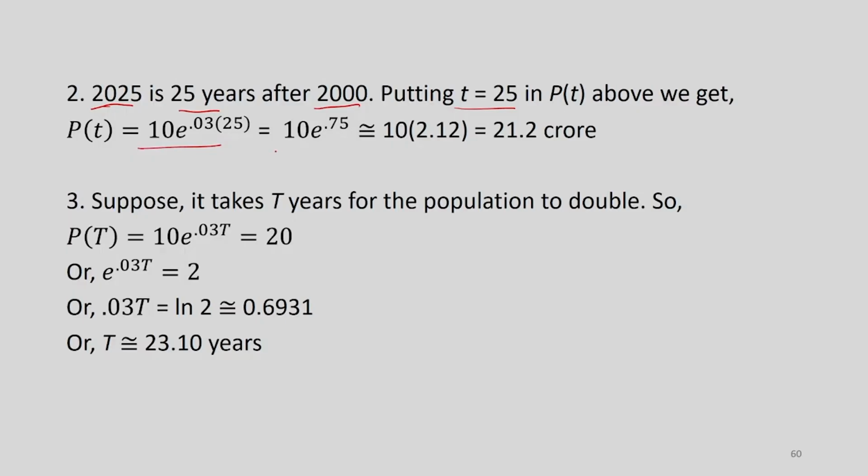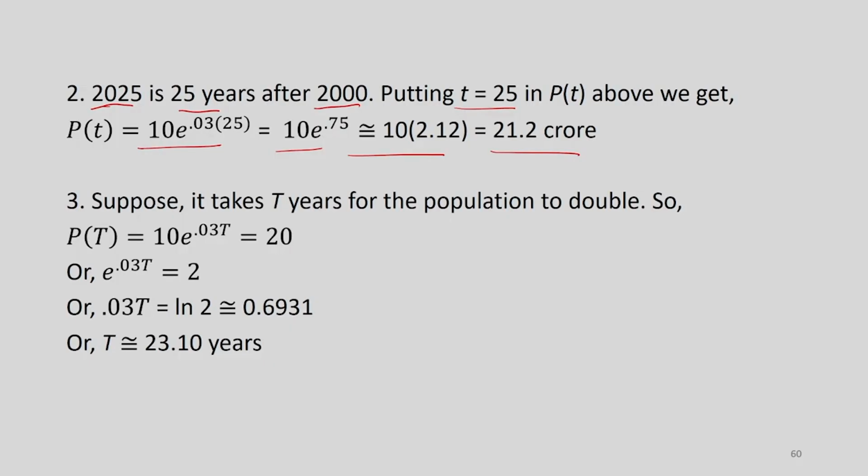So this turns out to be 10 multiplied by e to the power 0.75, and that is approximately 21.2 crore. So in this case the population of the country in 2025 is 21.2 crore. Now obviously we are making an implicit assumption that the 3% population growth rate is going to be maintained. If that is not maintained, then this formula will give me a wrong answer.